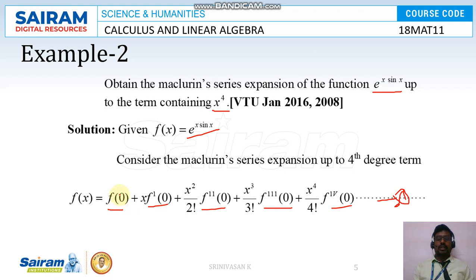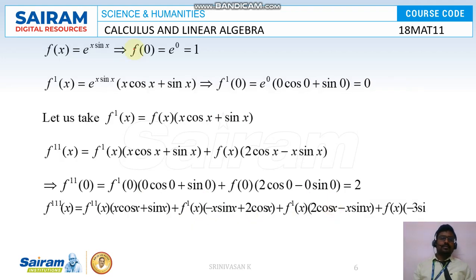So directly substitute x equal to 0 for f of 0, then differentiate, and again differentiate this term. For f of x, directly substituting x equal to 0, we get 0. Then differentiate this term: e power x into sin x, this is the uv method, giving e power x into x cos x plus sin x. Substitute x equal to 0, we get 0.